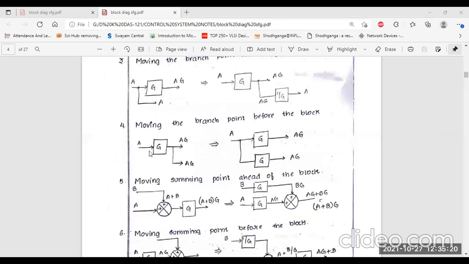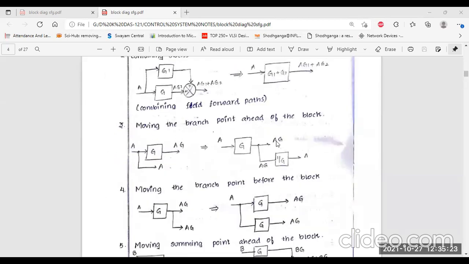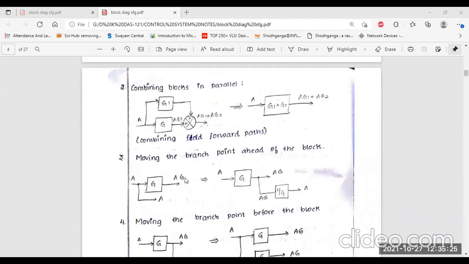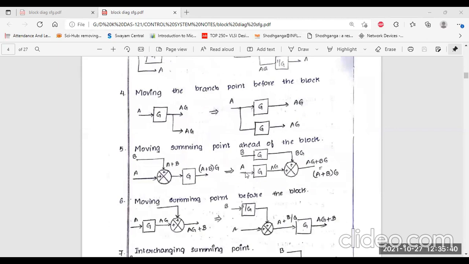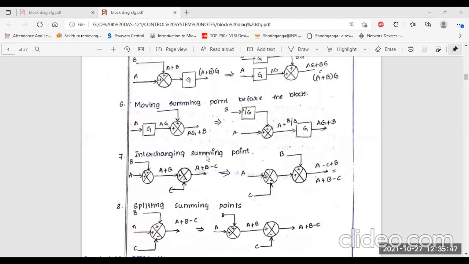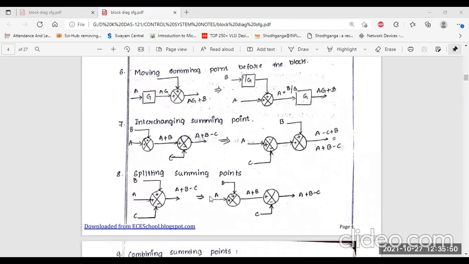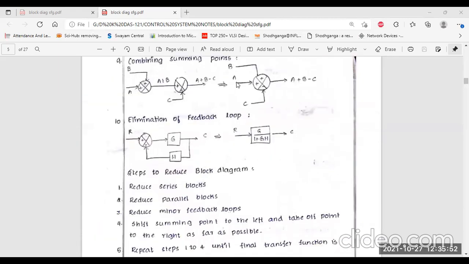This includes shifting a branch ahead of or before a block, shifting a summing point ahead of or before the blocks, interchanging, splitting, or combining summing points, and also the feedback loop.